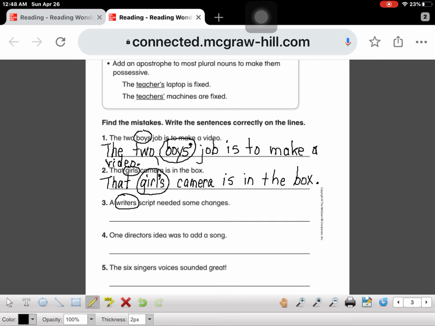So when we rewrite the sentence, it says A, uppercase A, and then finger space. Writer's, and remember, it's the script that belongs to the writer. So that apostrophe S, writer's script, needed.